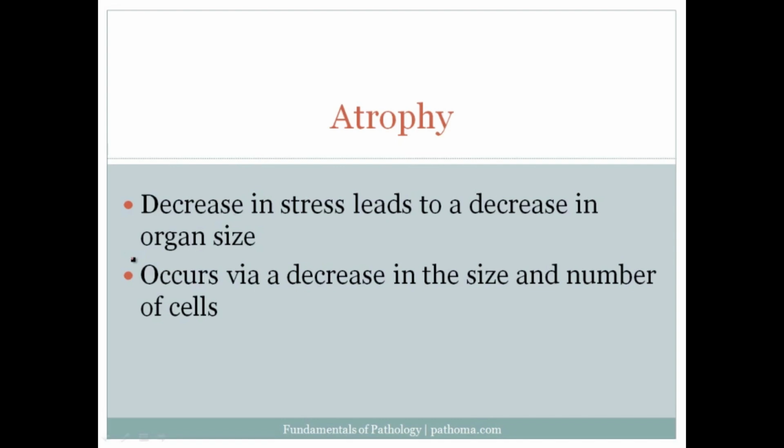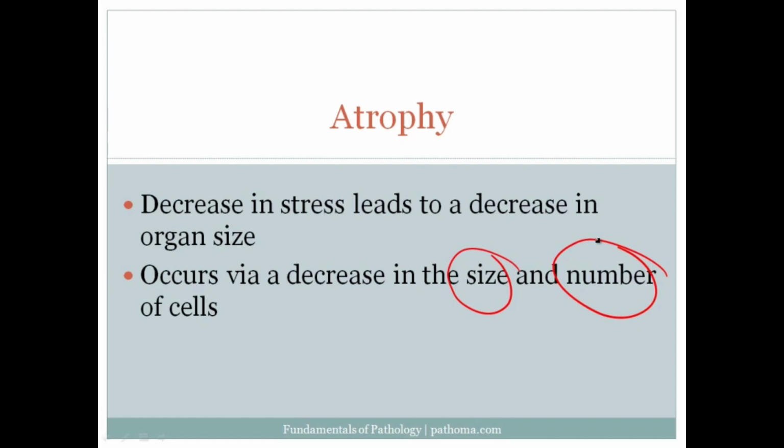Number one would be for the size of the cells that make up the organ to decrease, or number two would be for the number of cells within that organ to decrease. If the size of the cells decreases, the organ would decrease in size, and if the number of cells decreases, the organ would also decrease in size. Both of those happen to be called atrophy because they usually both occur together.